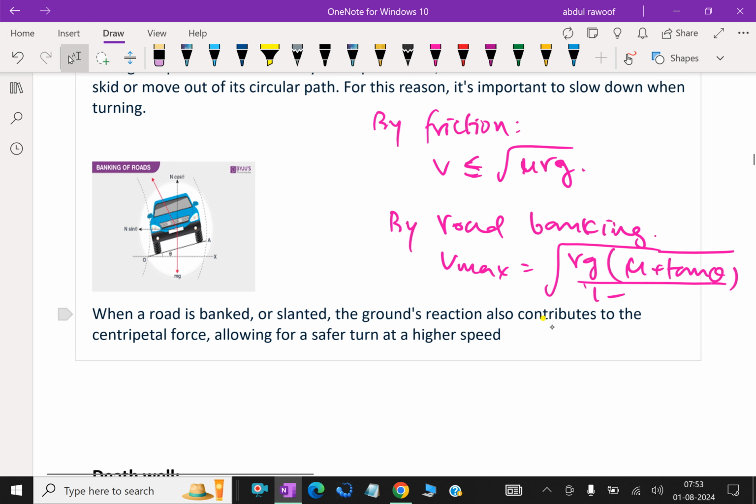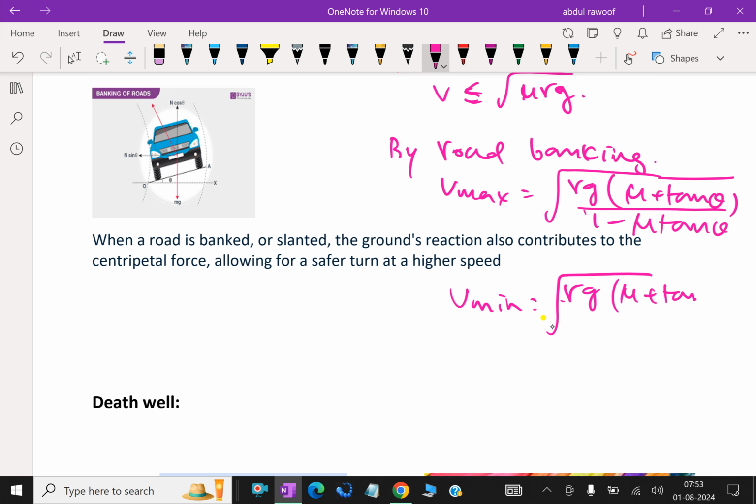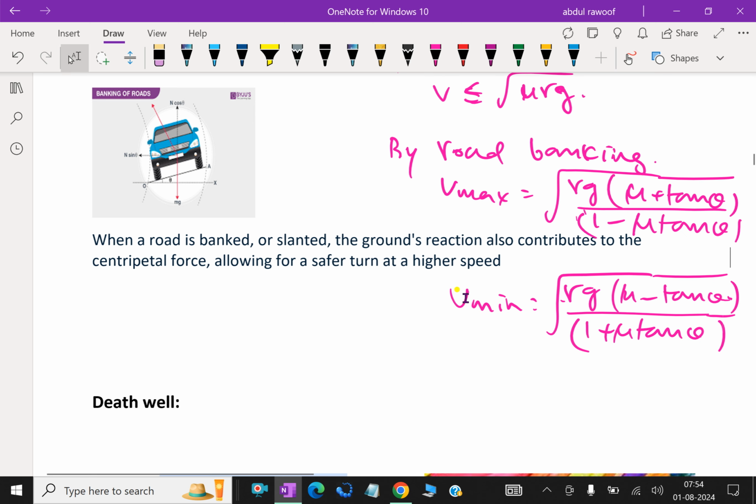If they say minimum, v minimum equals the square root of Rg times (tan theta minus mu) over (1 plus mu tan theta). These are the two formulas.